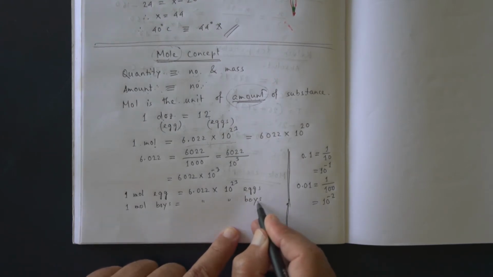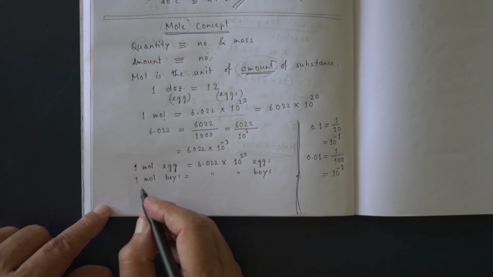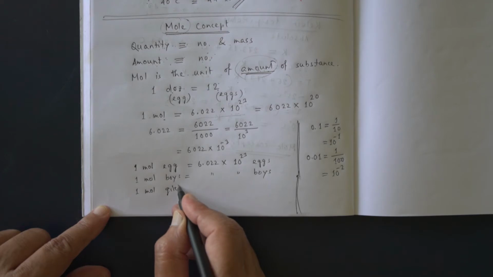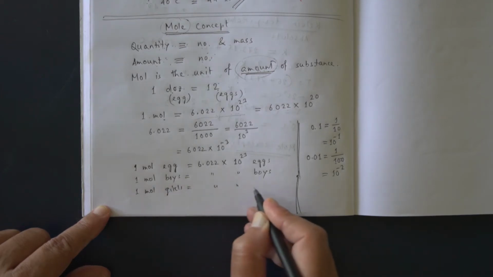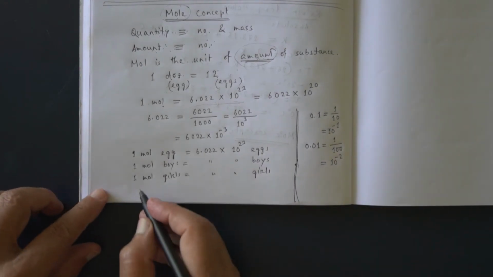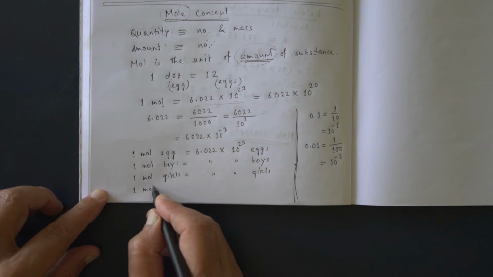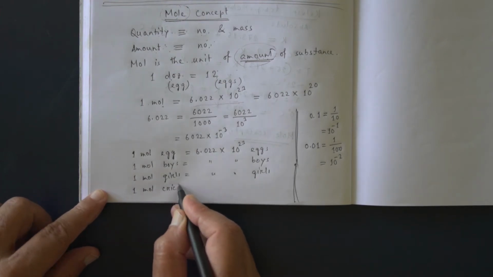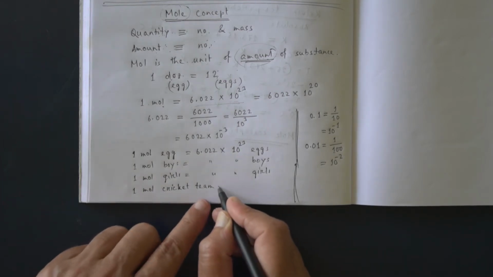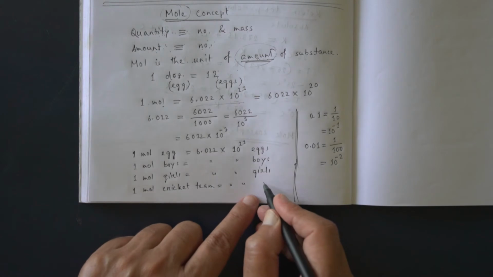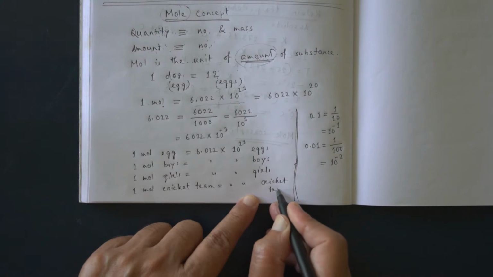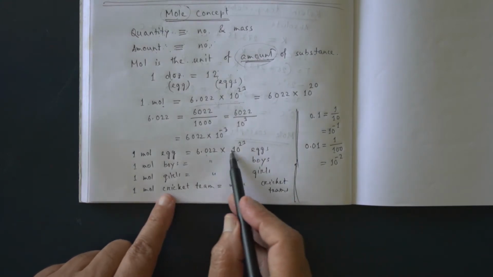I will write girls also this time. 1 mole girls, this much girls. Say 1 mole cricket team, that means this much cricket teams.